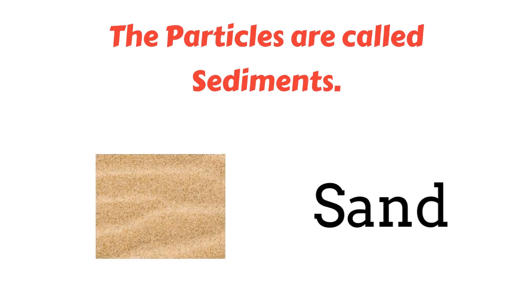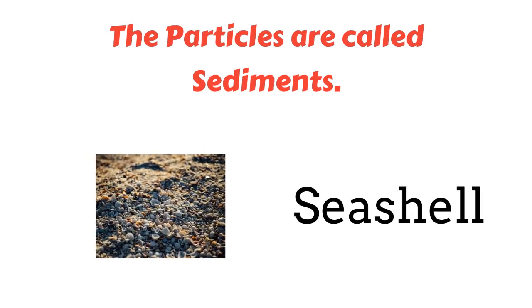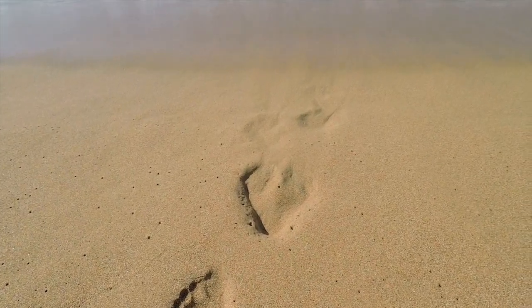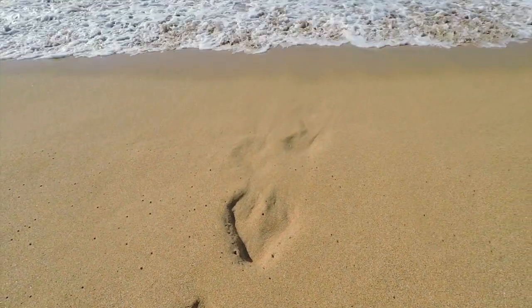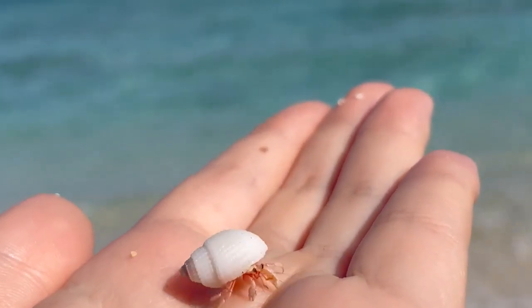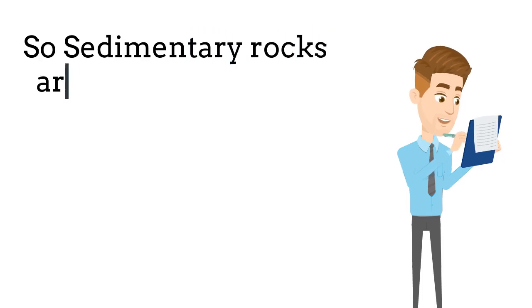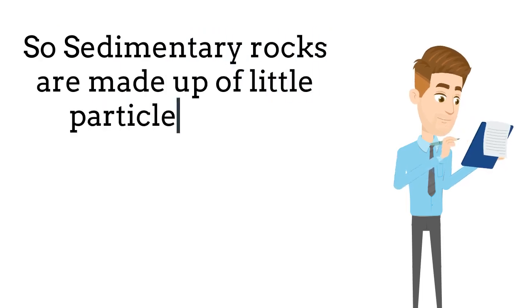Seashells are also an example of sediments. So there are lots of different types of sediments. They're particles. They could come from a non-living thing like sand, or they could come from a living thing like a seashell. So sedimentary rocks are made up of little particles called sediments.